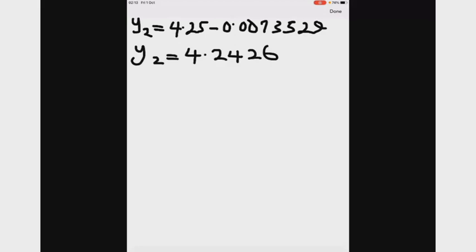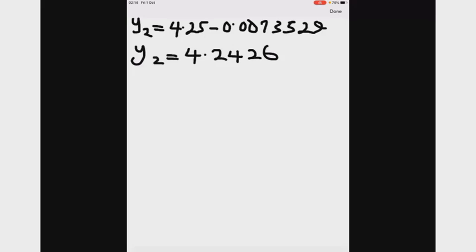Another thing to take into consideration is when to stop the iteration. We stop the iteration when the value of our y converges. What do I mean by converges? When we start getting the same value of y, we stop the iteration.